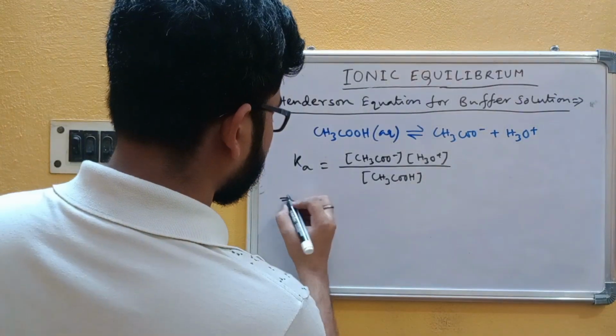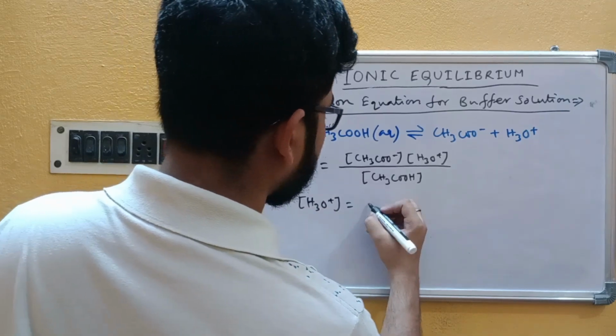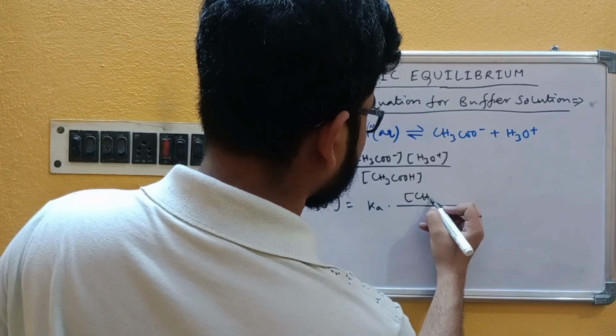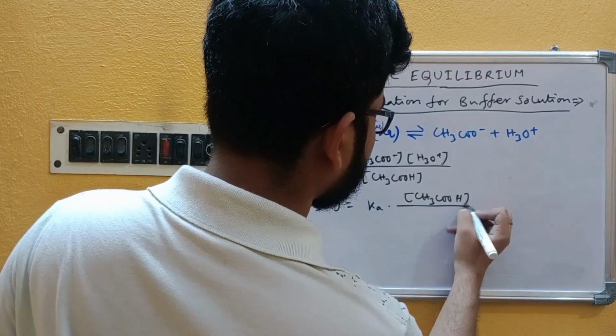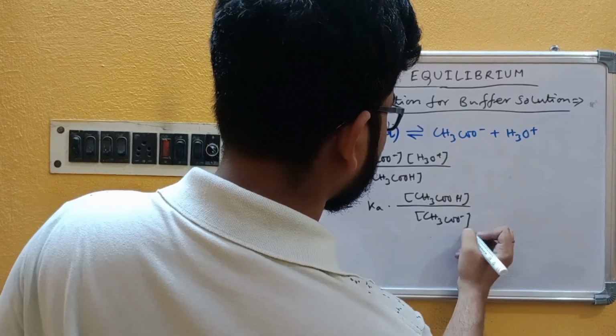From this, if we determine the concentration of H3O+, it will be Ka into concentration of CH3COOH upon concentration of CH3COO-.